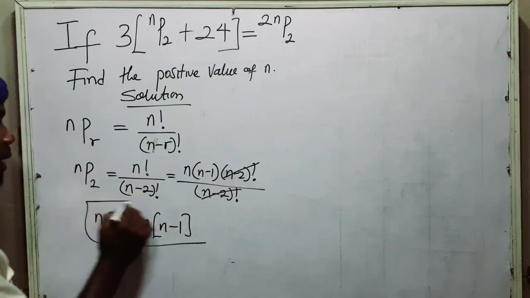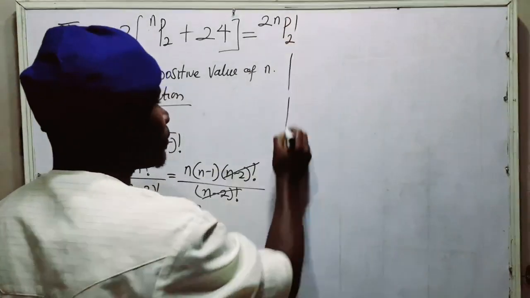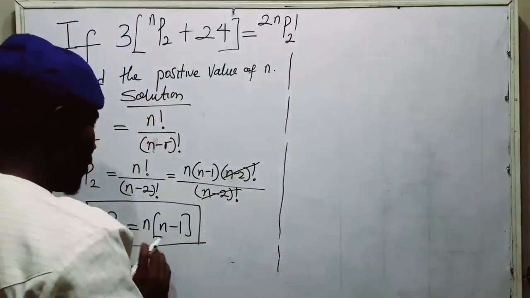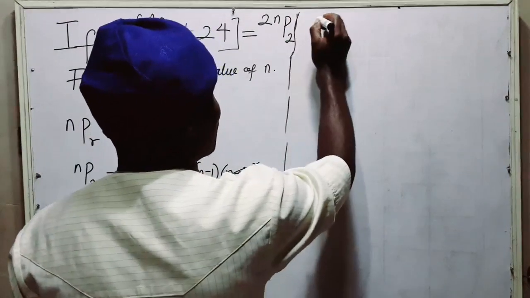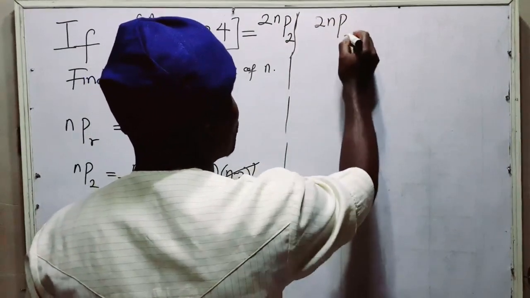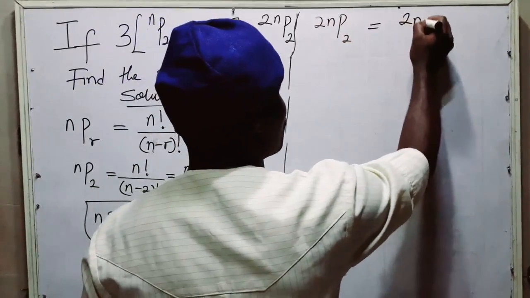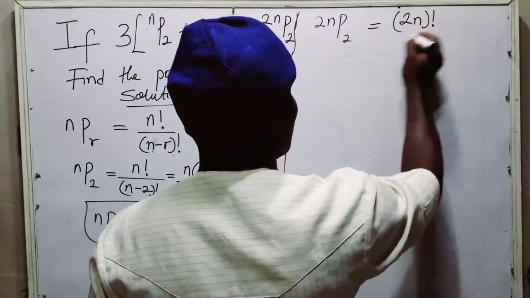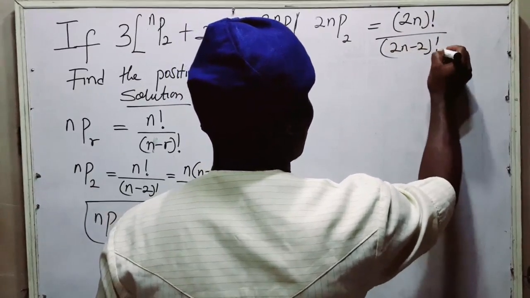So this is just an equation which we still need. Now let's also try to evaluate this. 2n permutation 2 can be written as 2n factorial over 2n minus 2 factorial.